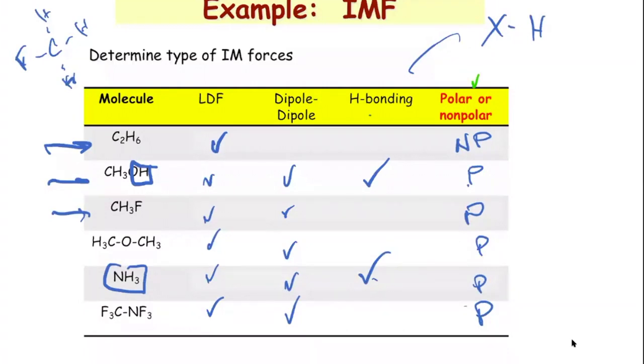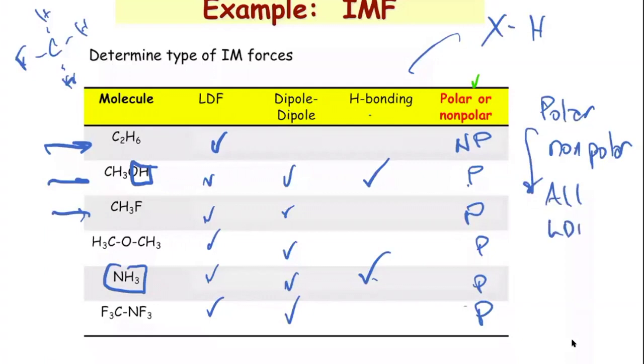And the correct strategy is first determine whether it's polar or non-polar. Then once you figure that out, automatically all will have London dispersion force. Only polar chemicals will have dipole-dipole. And then you look for the hydrogen, electronegative element motif.